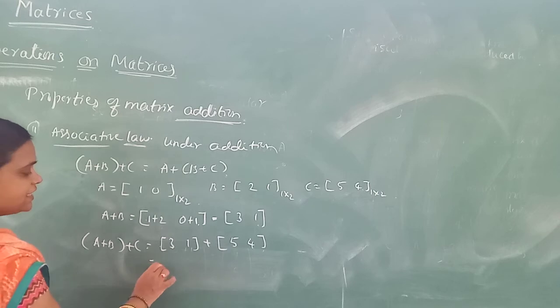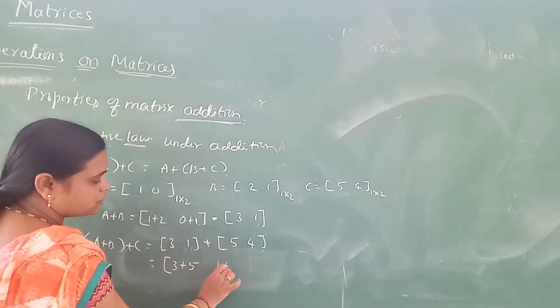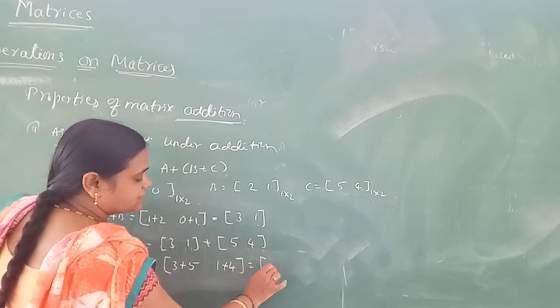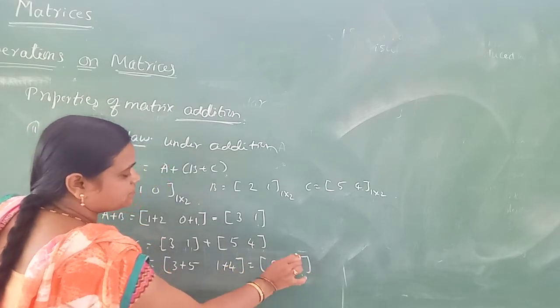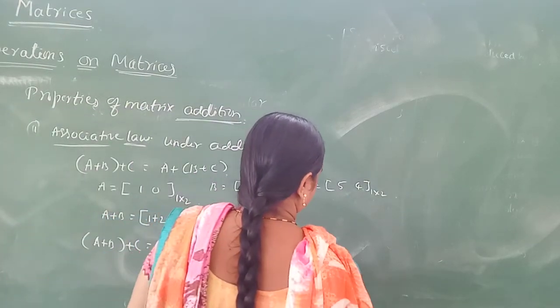Add again: 3 plus 5 is 8, 1 plus 4 is 5. This is (A plus B) plus C. Equation 1.